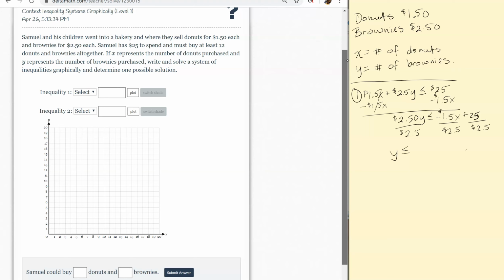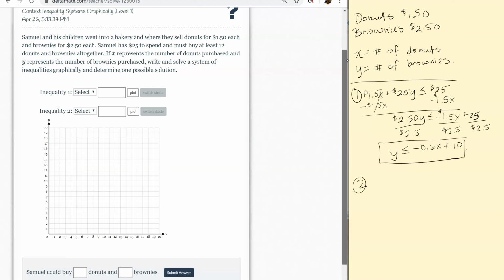So y is less than or equal to, since it's a negative divided by a positive number, that negative sign is just going to come along for the ride. 150 divided by 250 gives you 0.6, and the x comes along for the ride. Plus 25 divided by 2.5 gives you 10. So here's your first inequality.